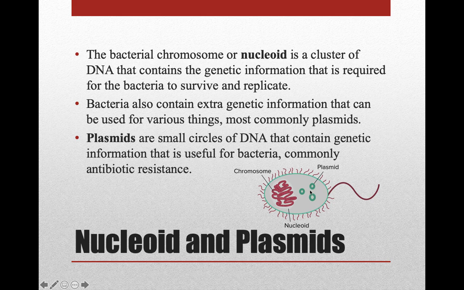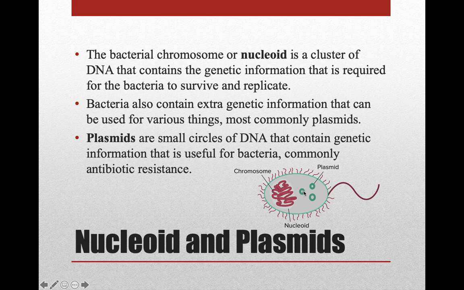Sometimes bacteria have things called plasmids inside of their cytoplasm as well. And plasmids are essentially just little extra small pieces of DNA that contain some genetic information. So this is what you need to be a bacteria. This tells you how to make proteins, how to replicate your cells, how to make some membranes, everything that you need to be a bacteria.